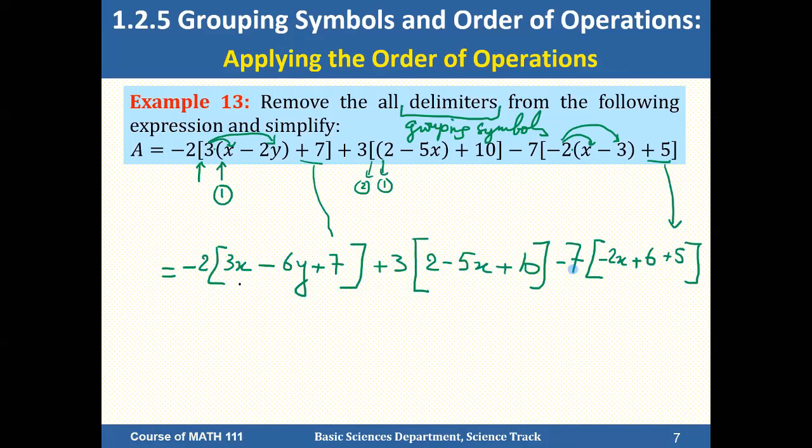There is 6 inside plus 5. Can we simplify here? No. Here? No. Here can we simplify? Yes. So here we simplify. Here we cannot simplify, so we distribute.